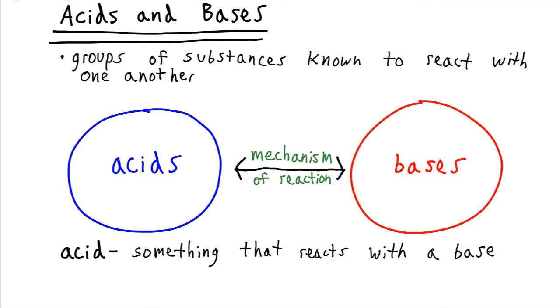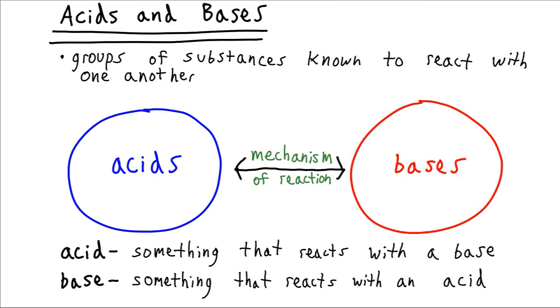We know that something that's an acid is going to react with anything from the bases shelf, and something that's a base is going to react with anything from the acid shelf. And there's some underlying mechanism that ties them together and causes them to react. Now, acids tend to be sour, they're capable of dissolving metals.